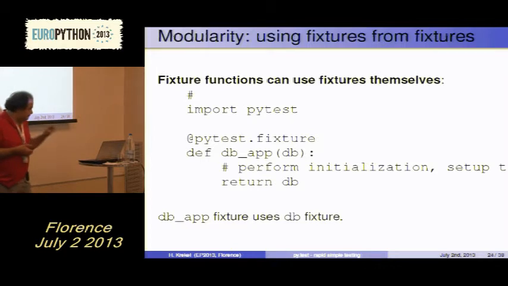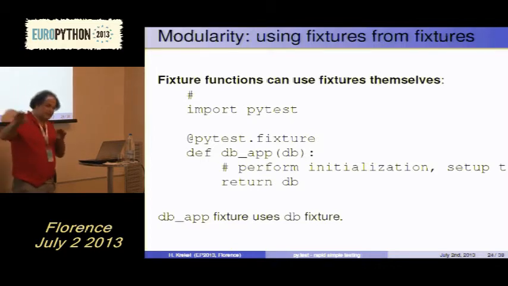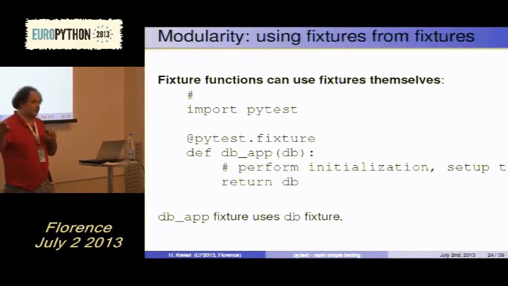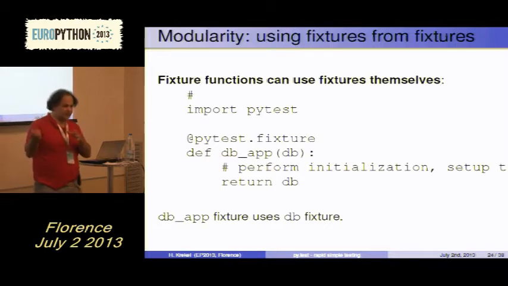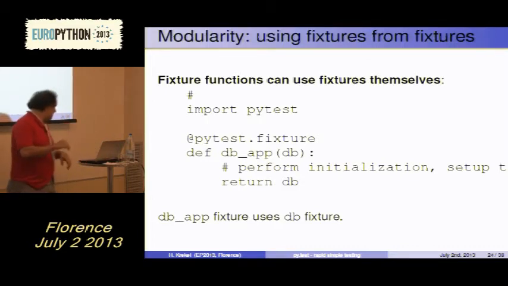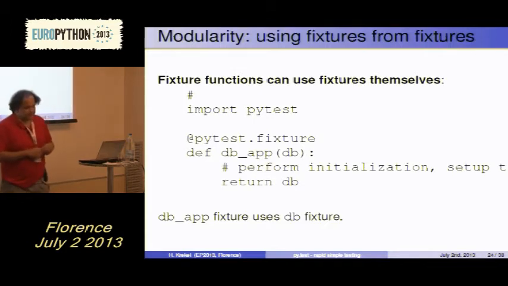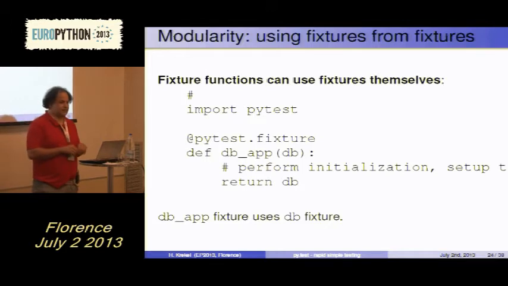And you can build this fixture by using the already existing fixture. So you have a database, and then you say, I have a higher level fixture that actually does some more things on top. It takes that other one, does some things, and then just returns the DB object. So you can compose your fixtures easily.